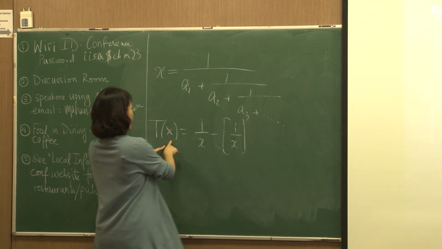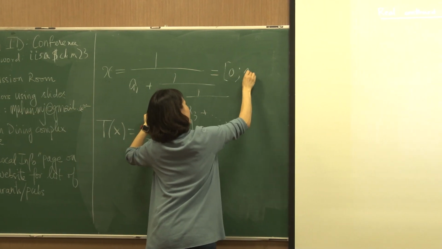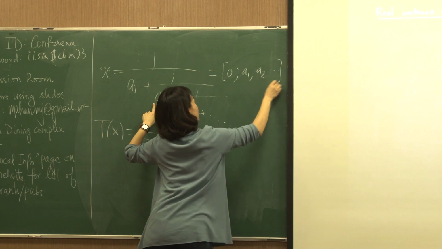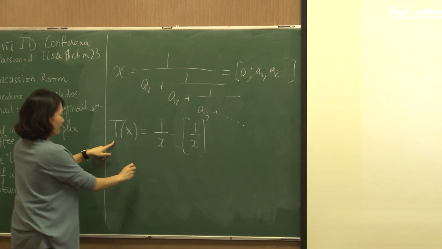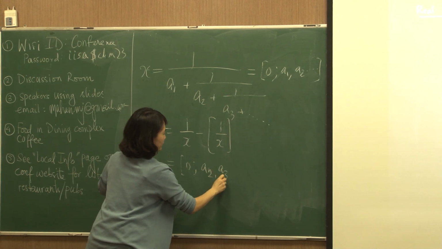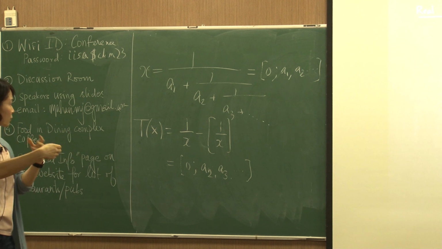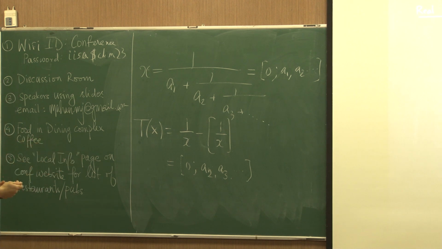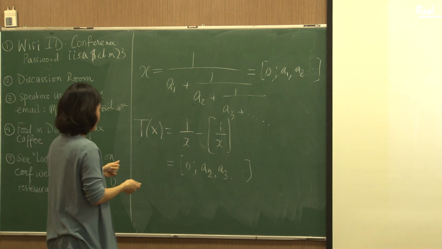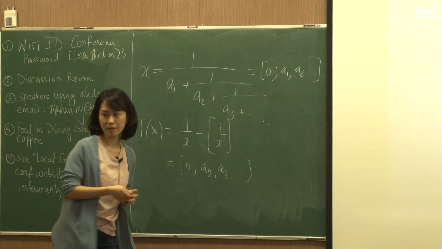So if you start with this x, that we write as a sequence a1, a2, etc., then T of x will be a2, a3, etc. So in terms of the digits a_i of the usual continued fraction expansion, the Gauss map is forgetting a1. So it's a shift map.